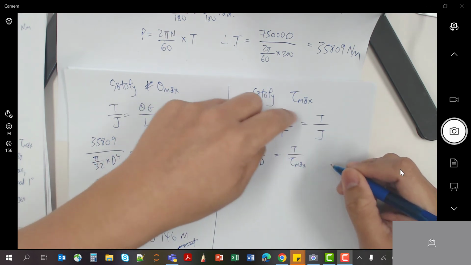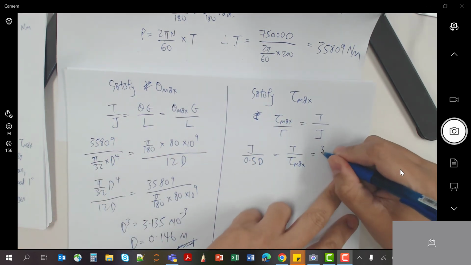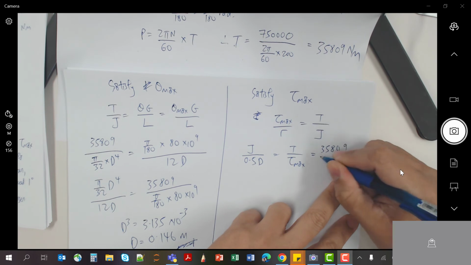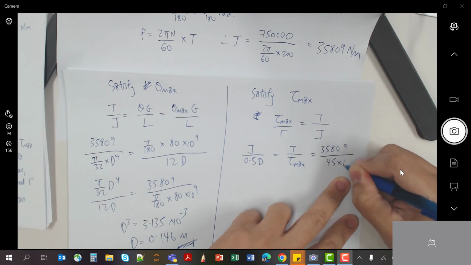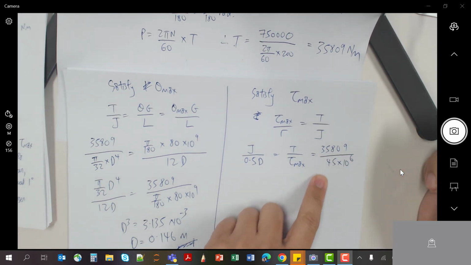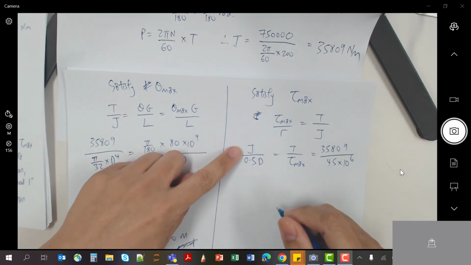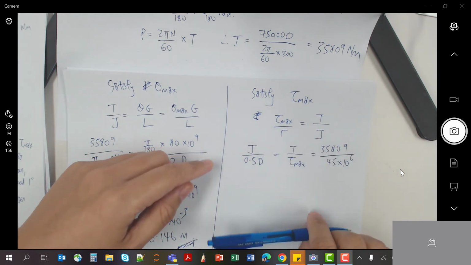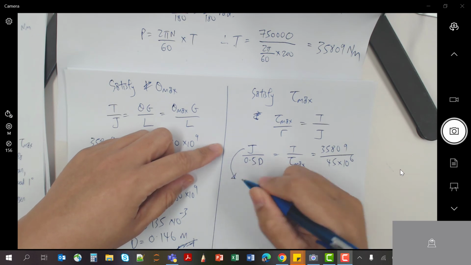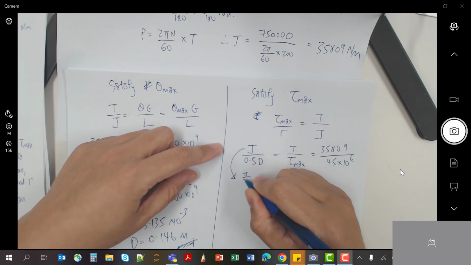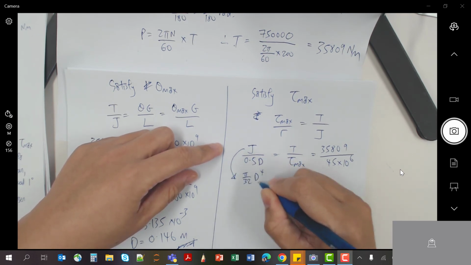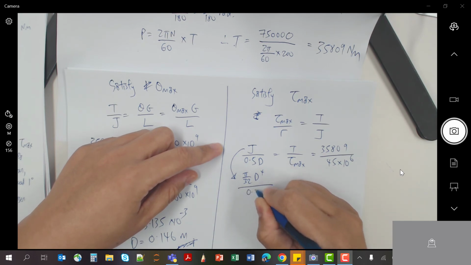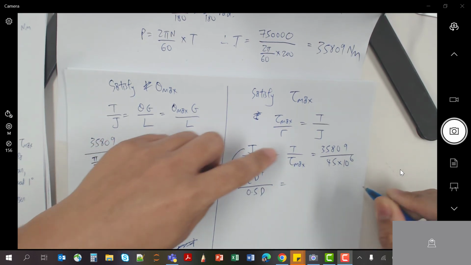So this would be 35809 over 45 times 10 to the power of 6. And J is pi over 32 d to the power of 4, over 0.5d, equals this value.